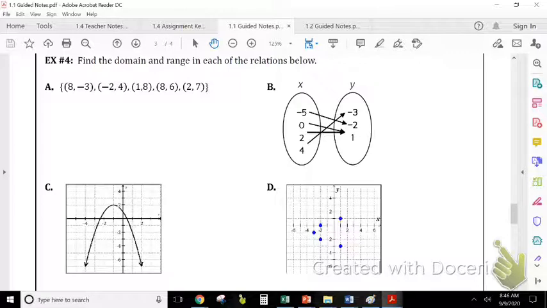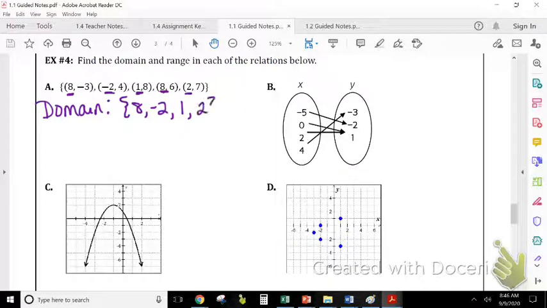So look at A. A is just a set of ordered pairs. And remember, domain is your x values, okay? So for the domain, we're just going to list out our x values. And so we have 8, negative 2, 1. We have 8, but I already have it written, so I don't have to write it again. And we have 2.